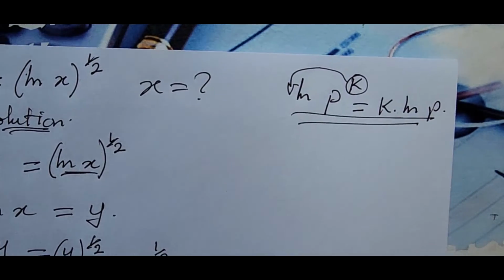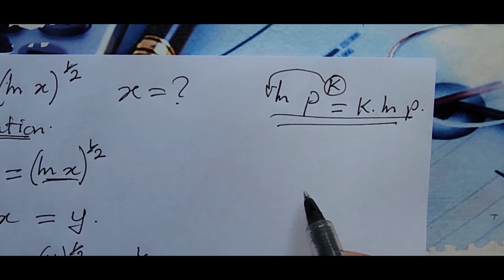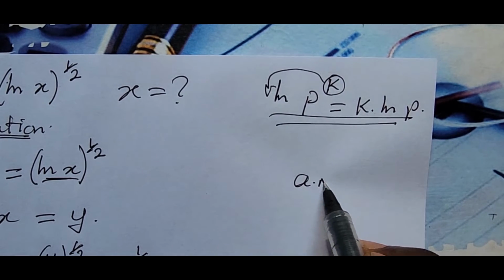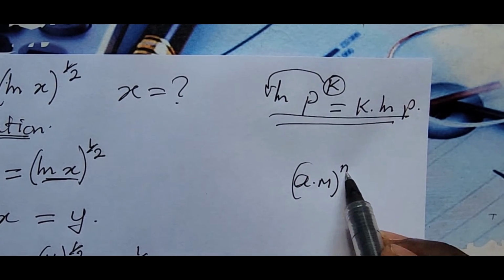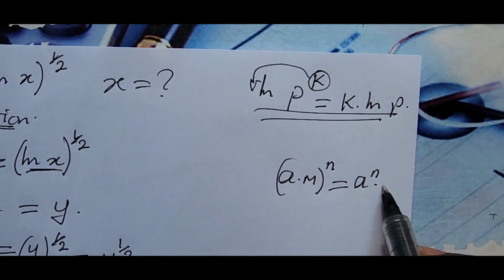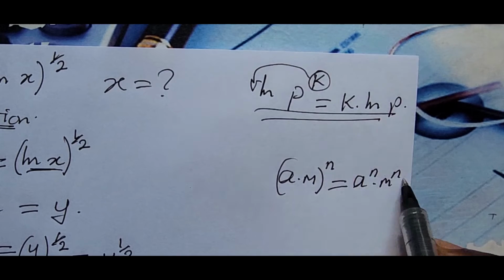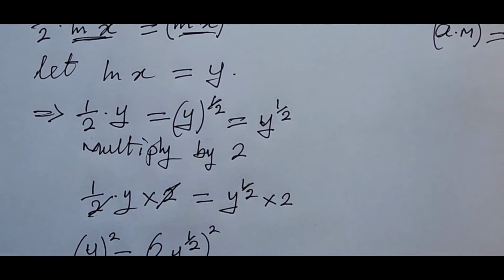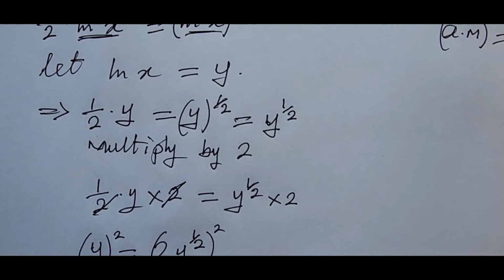Remember the law of indices, which says that when you have (a times m) all raised to the power of n, this is the same thing as a to the power of n times m to the power of n. Remember this? So we use this to open up everything here.